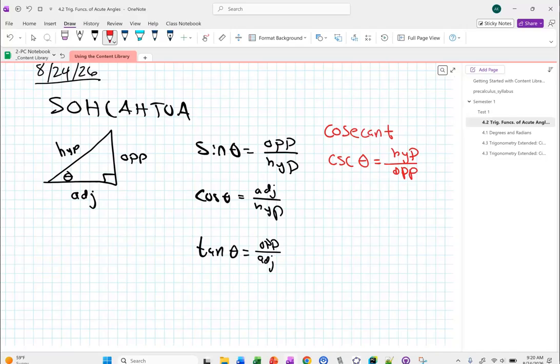For example, we have cosecant, which we abbreviate as CSC, which is hypotenuse over opposite. We have secant, which we abbreviate as SEC, which is adjacent over hypotenuse. And then we have cotangent, which we abbreviate as COT, which is adjacent over opposite. So in this course, instead of there being 3 trig operations, there's going to be 6.